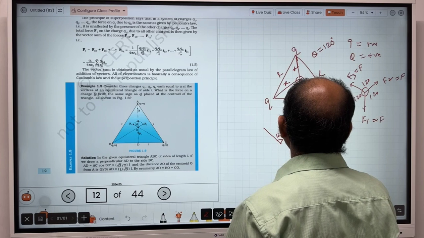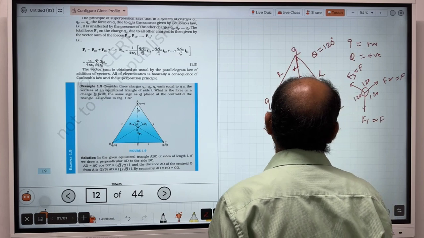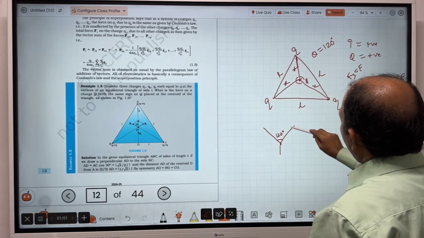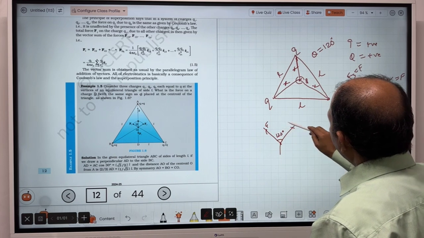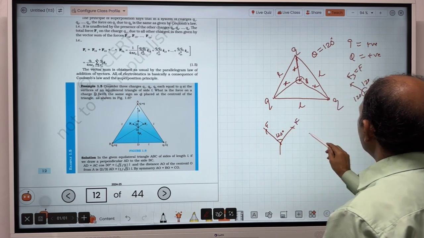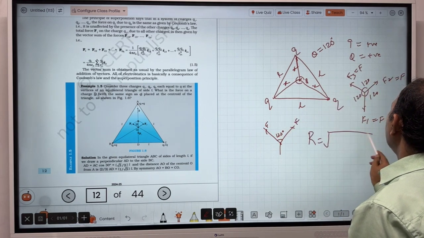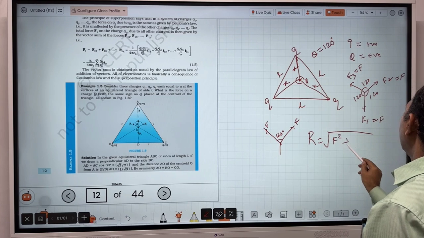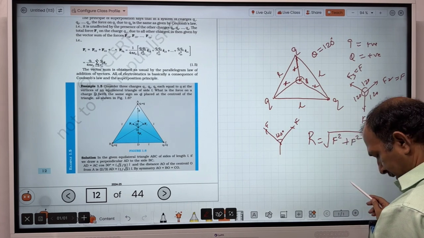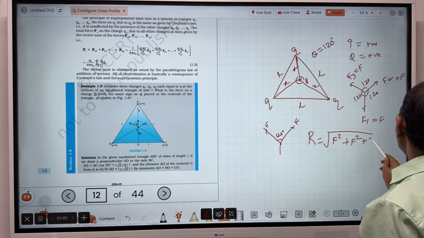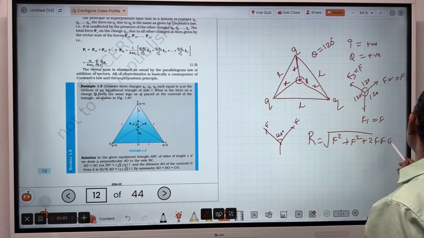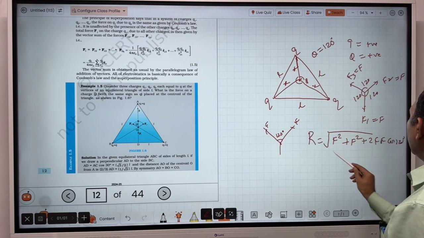Suppose this angle is 120 degrees. Now this is F, this is F. We can find the resultant. The resultant can be found using the formula F squared plus F squared plus 2F cos 120 degrees.